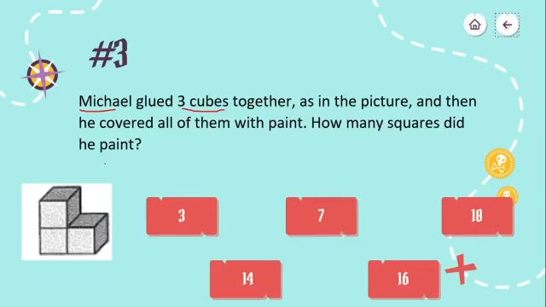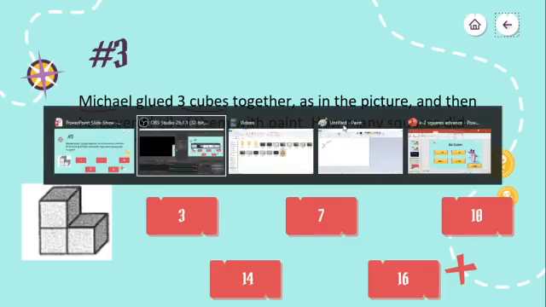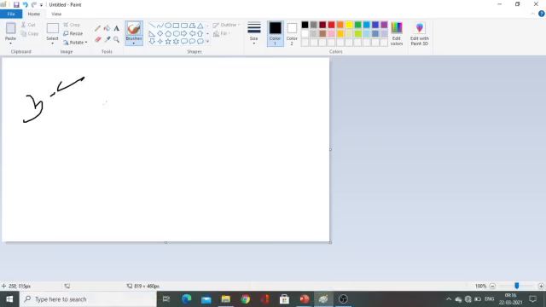How many squares did he paint? This is the number we want to know. So, we all know that a cube has how many faces? Can you guess it? Okay, this is a rough cube, so don't worry.